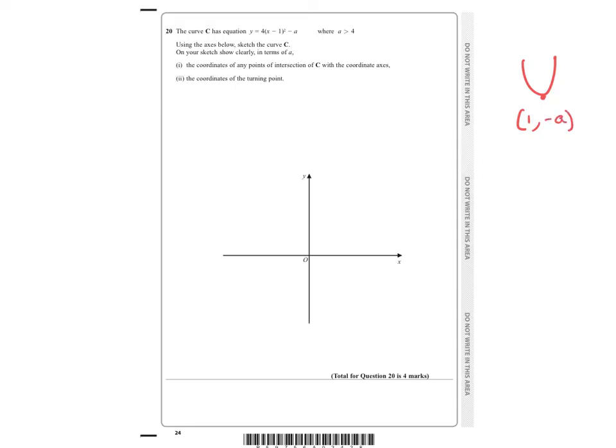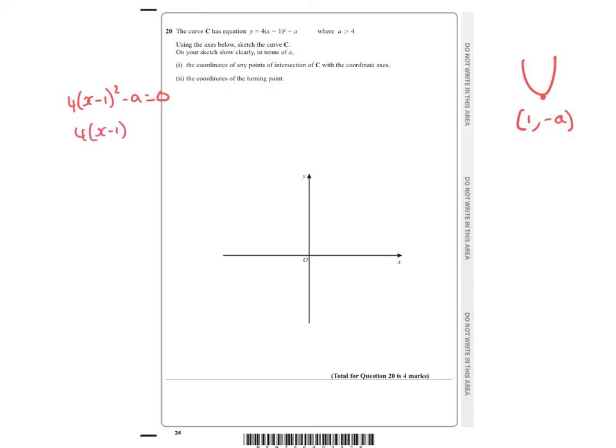What I also know is that I could solve this. This is my minimum point here. If I put y equal to 0 to find my roots, so 4(x minus 1) squared minus a equals 0.